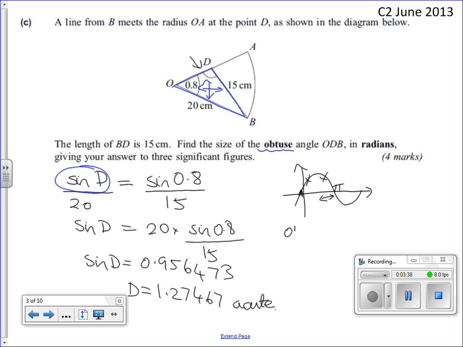So the obtuse angle is pi minus 1.27467. So D equals 1.87 to 3 significant figures, which was the accuracy asked for. So this one is not our final answer.